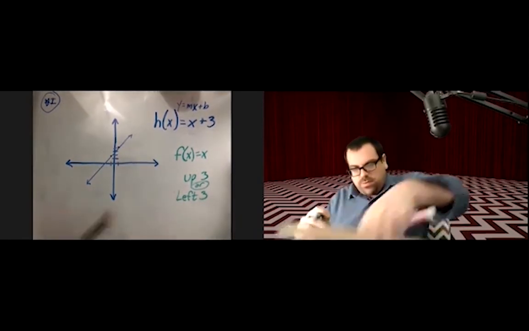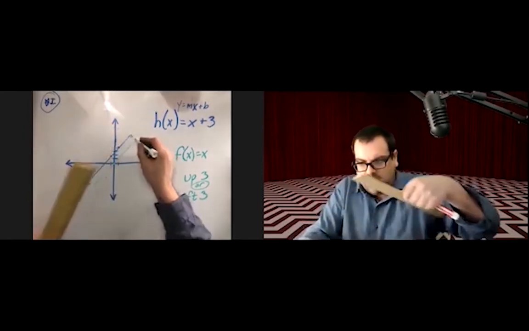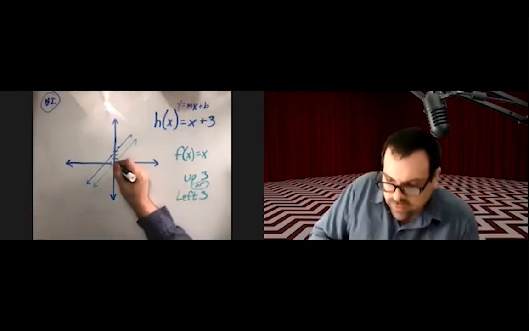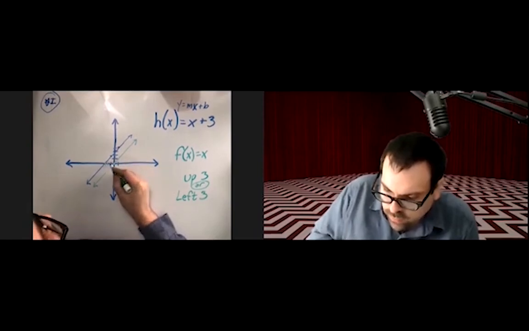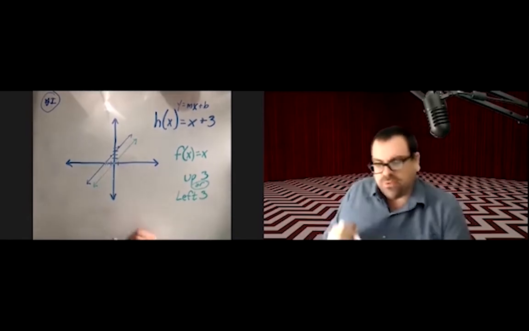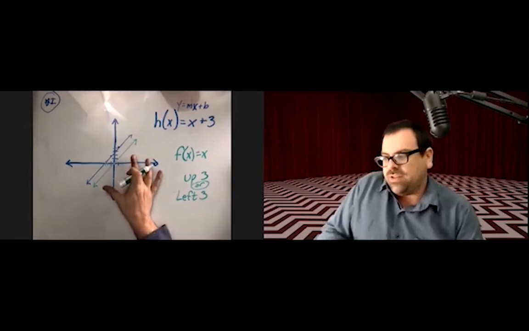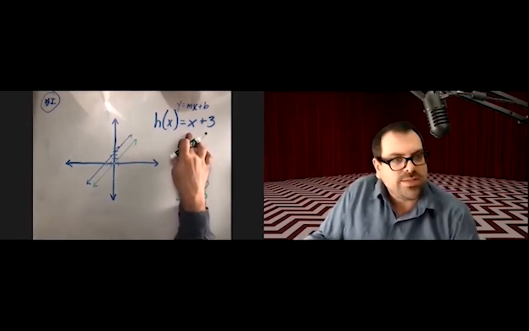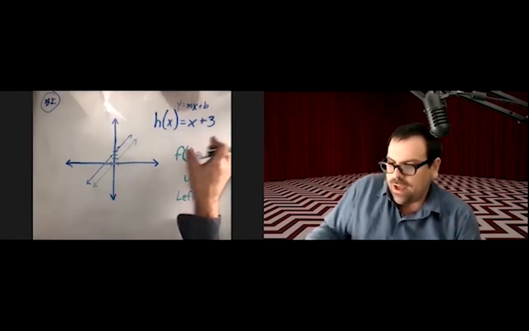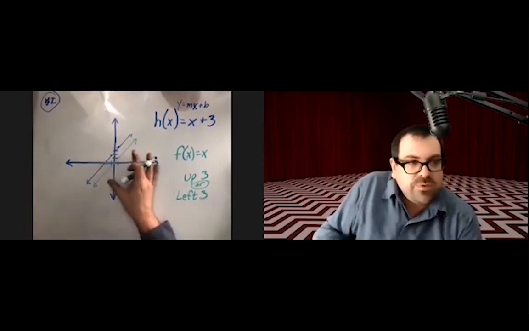Well, you can see if I put the identity function in, it doesn't matter. It is both left 3 and up 3. The identity function, since all it is is an x, since there's no symbol around the x, up movement is the same as left movement.